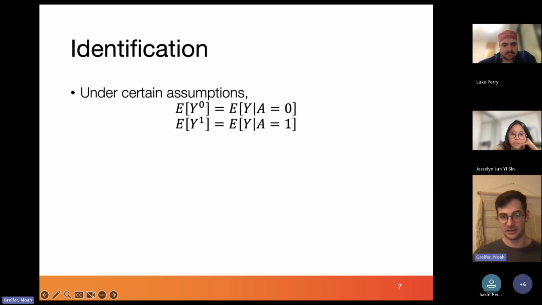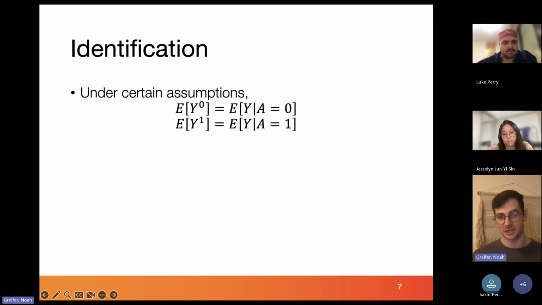That's what this expression represents. So this first line is saying that under certain assumptions, which I'll talk about in a second, so don't think this is a universal truth, the expected potential outcome under control is equal to the expected observed outcome among those who received the control.